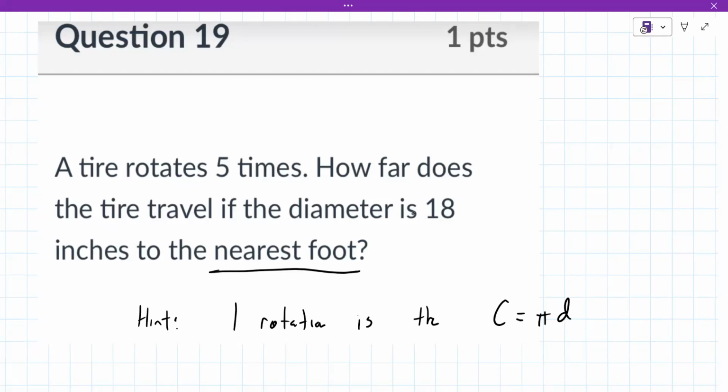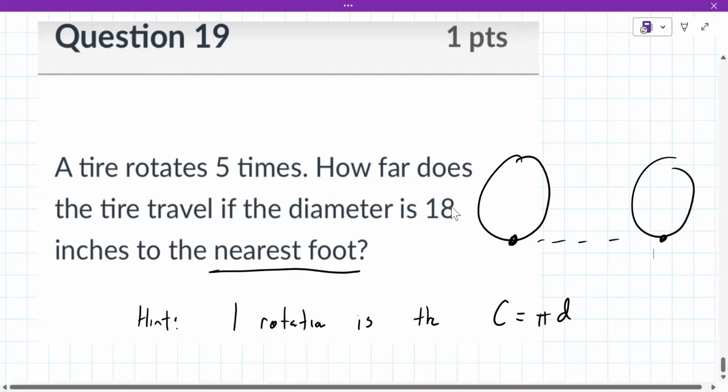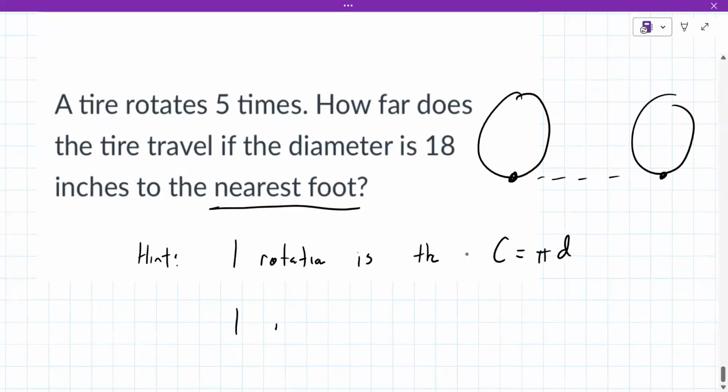If you go around a circle one time, what's the diameter? 18. So one rotation is 18 pi, but that's in inches, not feet. So first I will do 18 pi times 5, and then I divide that by 12.